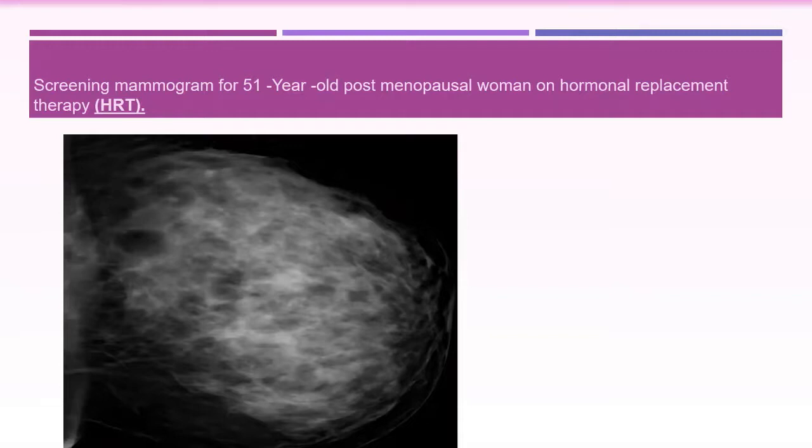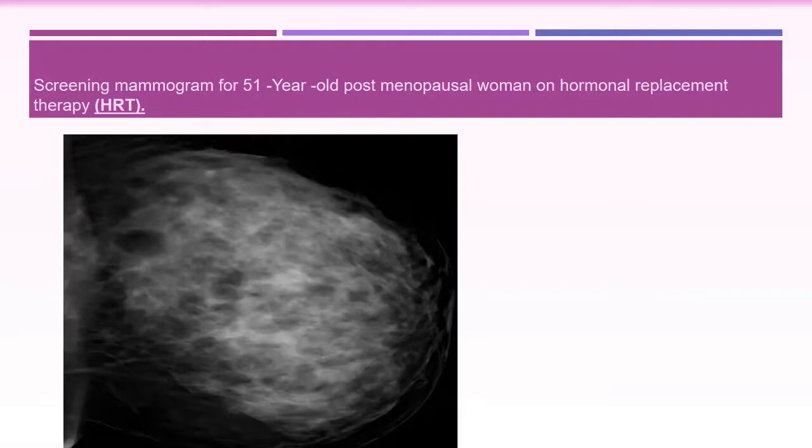The differential diagnosis for a focal area of distortion is, since there is no biopsy or intervention, we have to think about breast carcinoma. Other differentials include sclerosing adenosis or papilloma also.